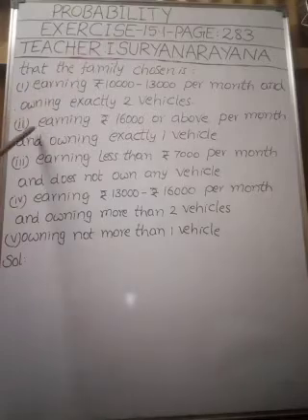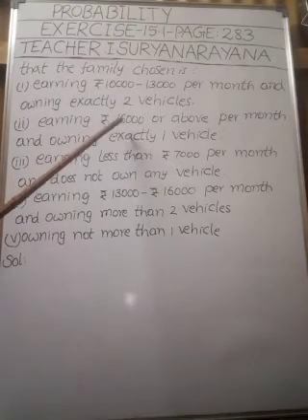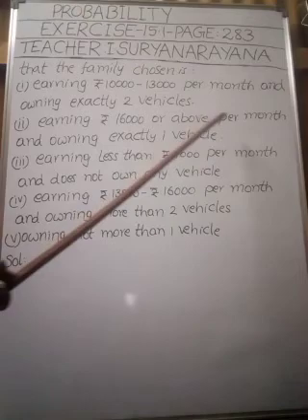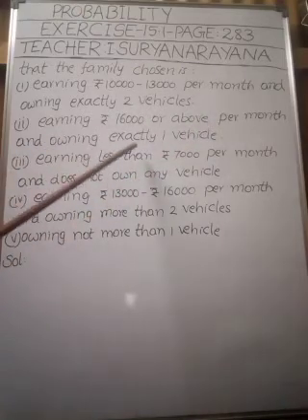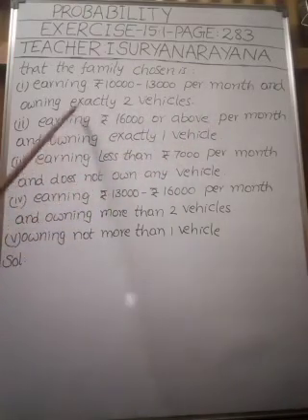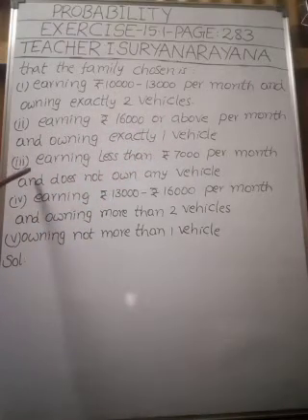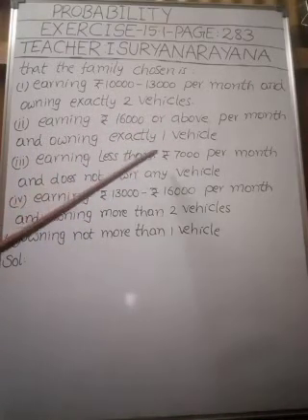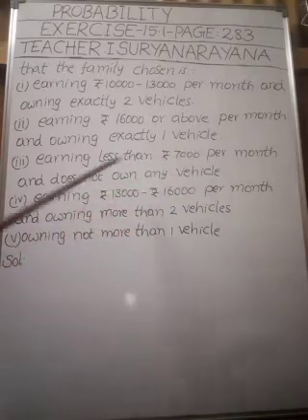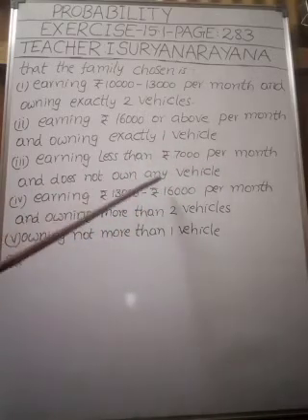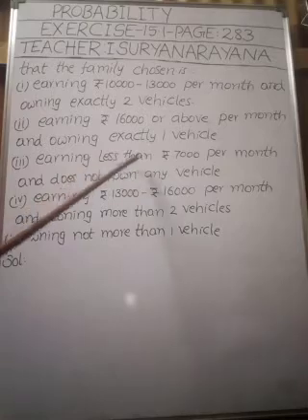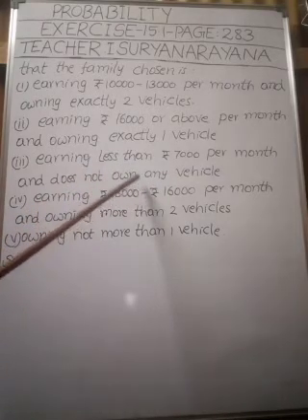Second event, earning 16,000 rupees or above per month and owning exactly one vehicle. We have to find the probability of this event. And the third one, earning less than 7,000 rupees per month and not owning any vehicle. This is the third event. We have to find the probability of this third event.